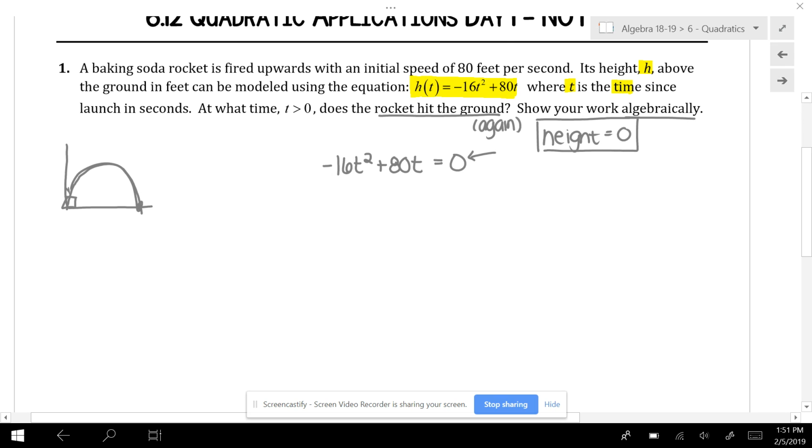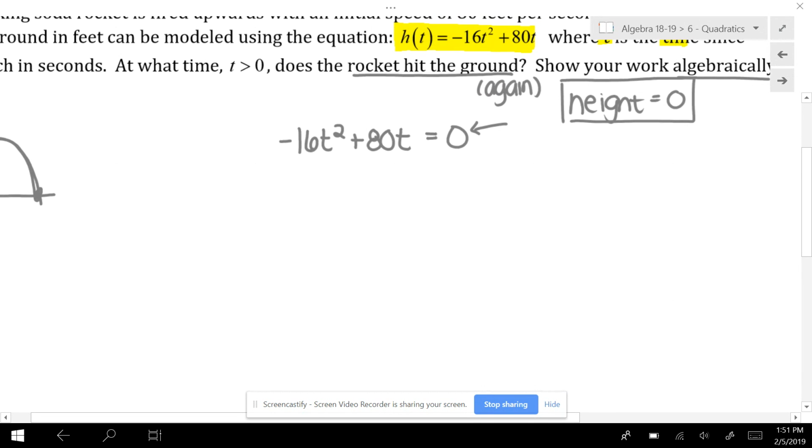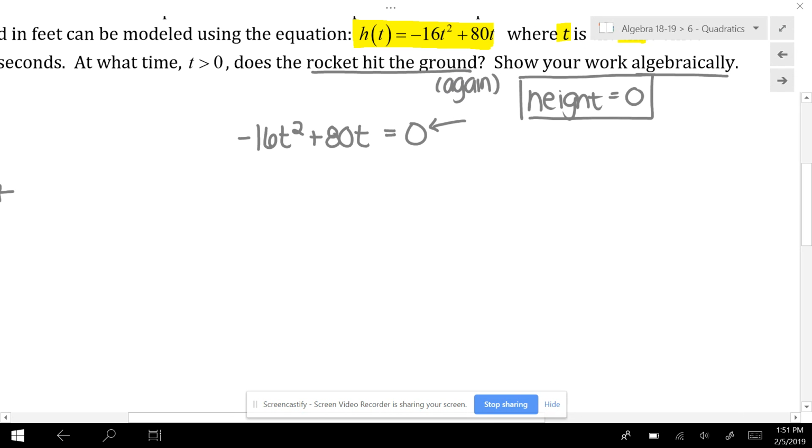Since it says algebraically, we can solve this by factoring, completing the square, any of those. When I look at this, I immediately think about factoring, because negative 16t squared and 80t have a GCF. They're both multiples of 16, and each term also has a t.